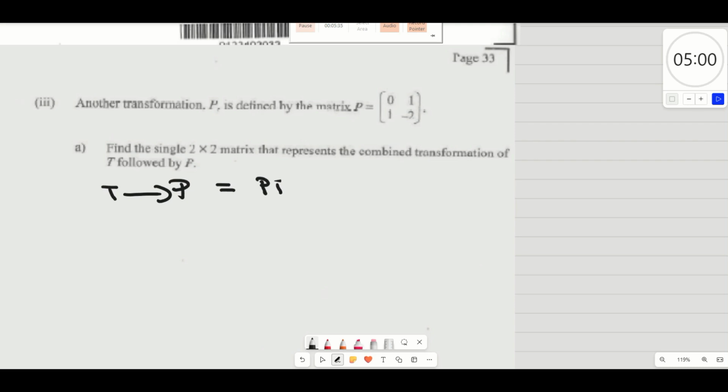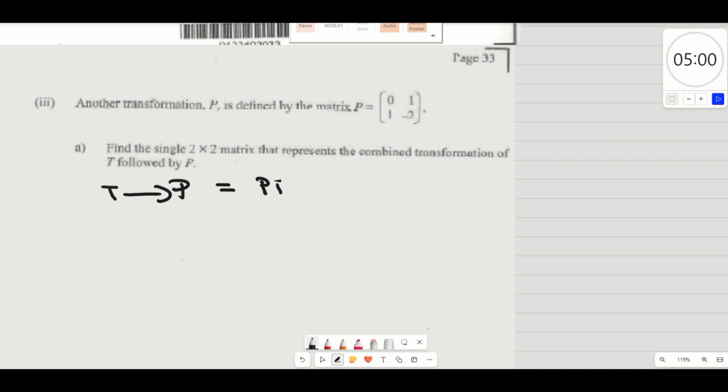One transformation followed by the next is not that transformation multiplied by the next transformation. You're going backwards while multiplying. It will be your last transformation multiplied by your first transformation.